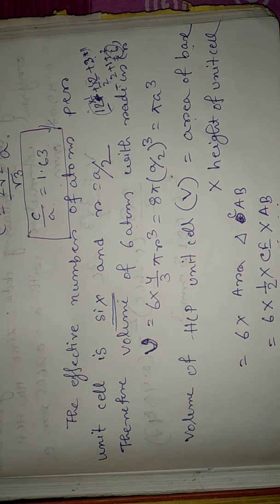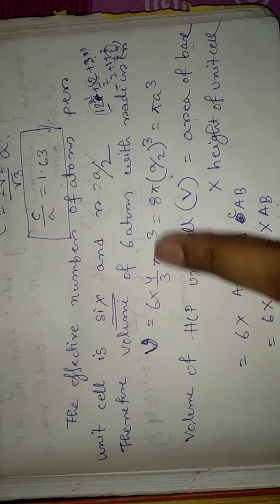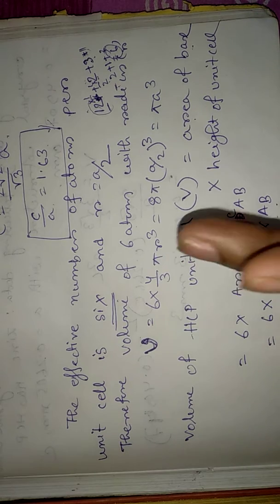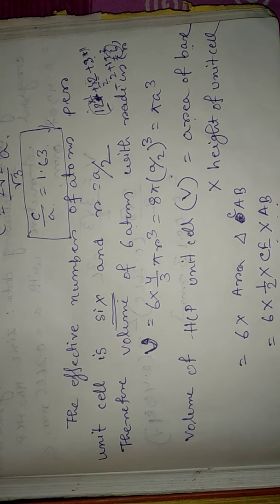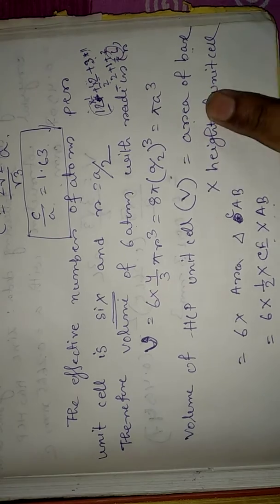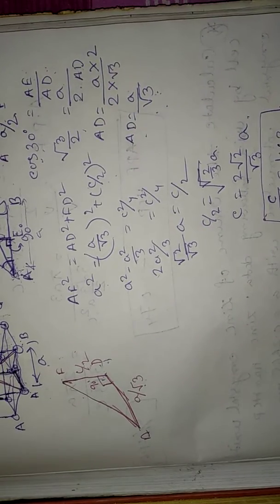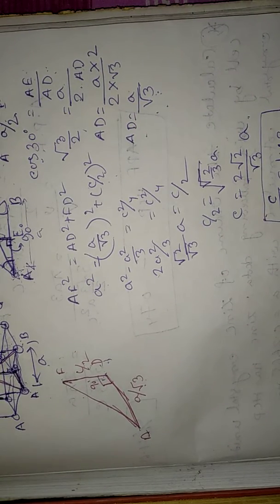The total atoms volume is pi a cube. Now the volume of one HCP unit cell you can calculate as the area of the base into the height of the unit cell. How?